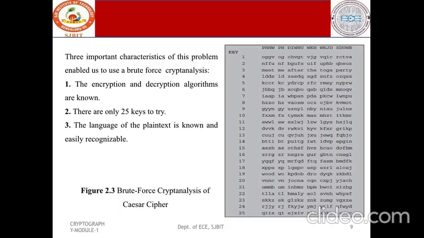Three important characteristics of this problem enabled us to use brute force cryptanalysis: first, the encryption and decryption algorithms are known; second, there are only 25 keys to try; third, the language of the plain text is known and easily recognizable.